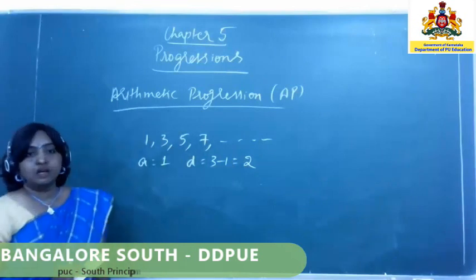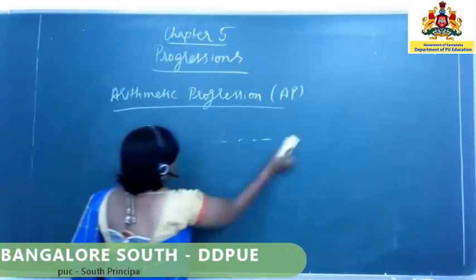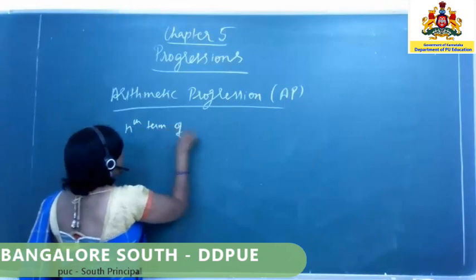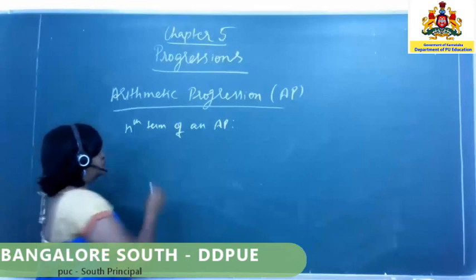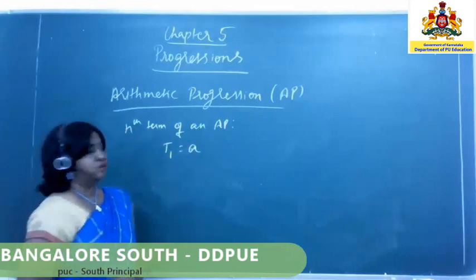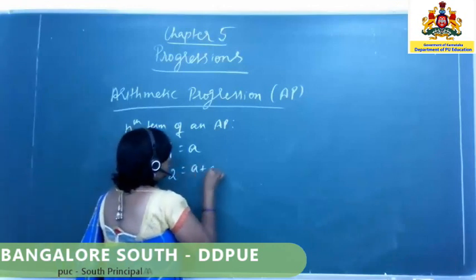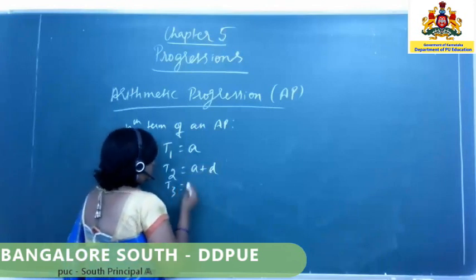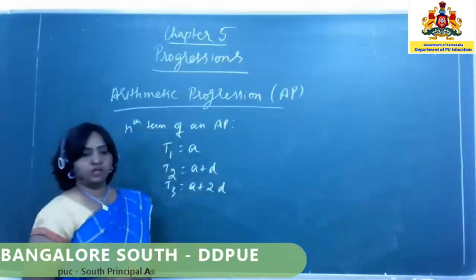Next comes the nth term of an arithmetic progression. Let me consider T1 is equal to A. T2 is equal to A plus D. T3 is equal to A plus 2D.